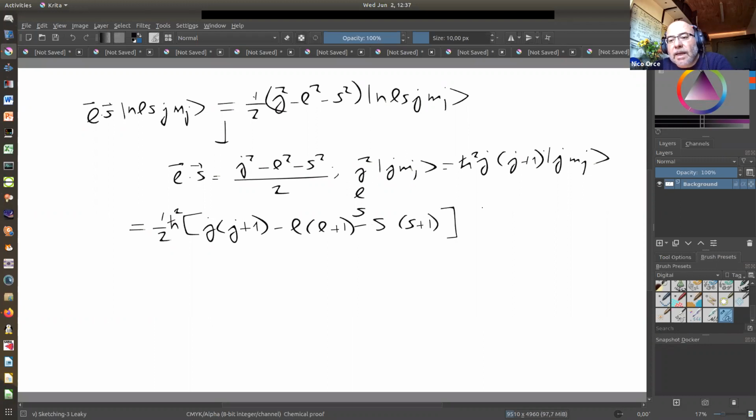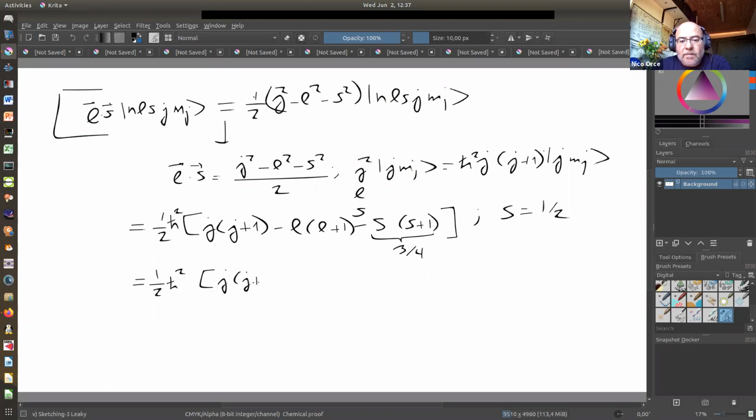But as we know, s is equal to 1/2, so that will be 1/2 times 3/2, which is 3/4. This whole thing will be 3/4. Okay, so now we have an equation. We applied our perturbation, and basically this perturbation will lead to one half of h bar square, j times j plus 1, minus l times l plus 1, minus 3/4.